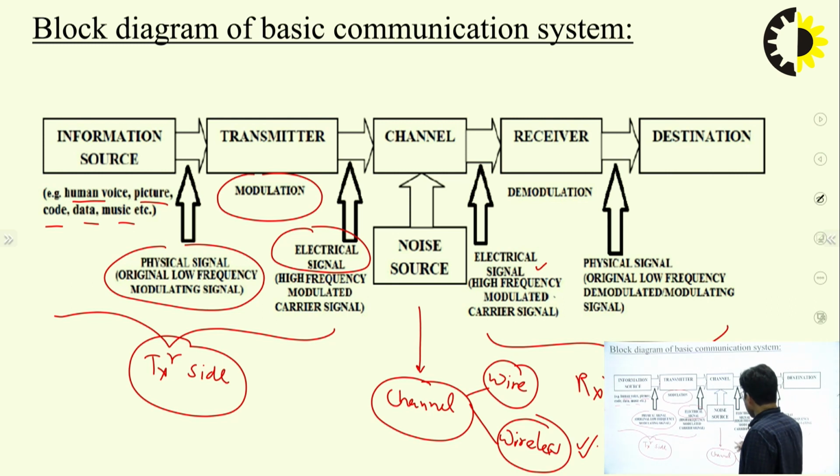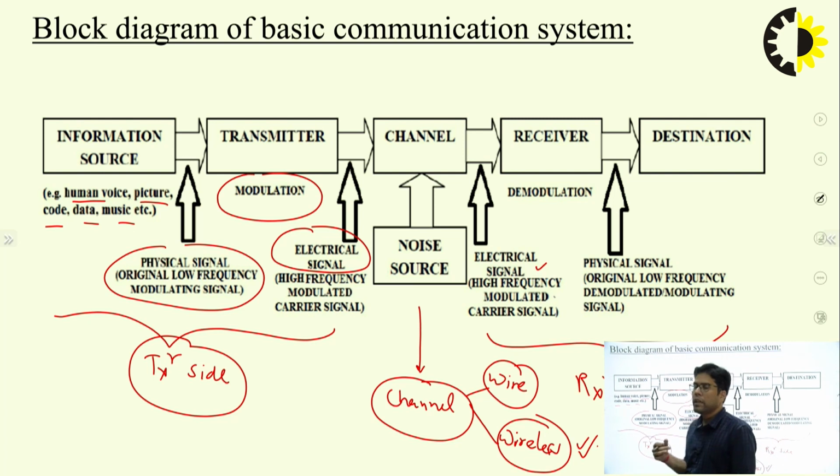Now at the channel you can see the noise source, so in the propagation there must be a kind of noise. Noise is always there, because some kind of interference in the free space happens which collides with the message signal, and these signals disturb the message or reduce the SNR as well.